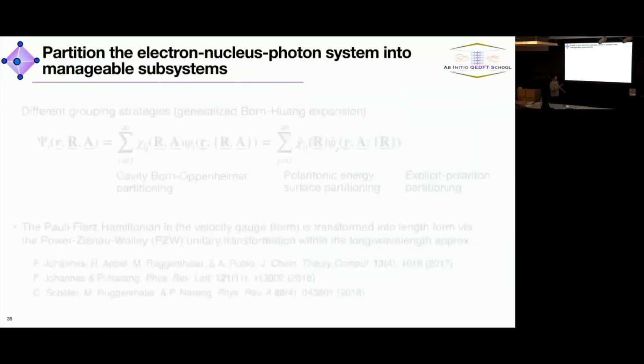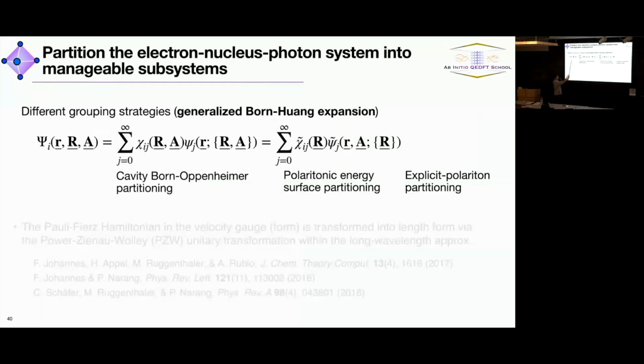The partition you probably already encountered is that initially we have two: one is the electronic and one is the nuclear coordinate. But now we have three, so it depends on how you are going to partition the system. One way is to group the nuclei and the photon into the same subsystem. In this approximation, people call it the cavity Born-Oppenheimer partition.